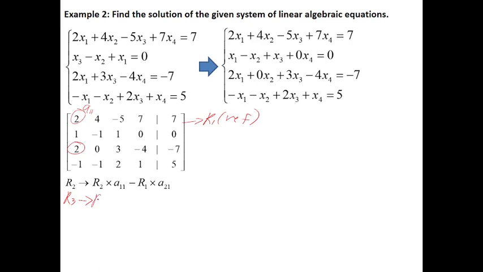So we have R3, yung row kung nasaan yung element na gagawin nating 0. Kaya R3 times A11 reference element minus reference row R1 multiplied by A31 yung gagawin nating 0. Gets nyo?